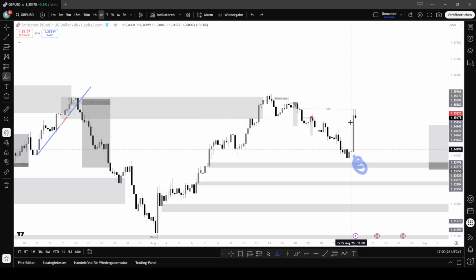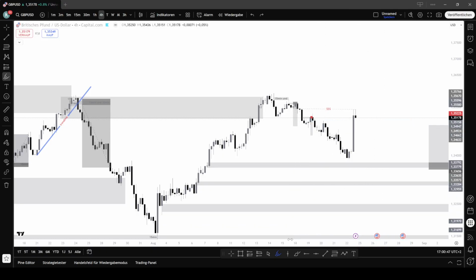But unfortunately, there was a Fed, there was a Powell federal news on Friday. So price reacted from this zone directly without giving us the opportunity to get into the market. But our bias, our direction was bullish because I was expecting price to take the liquidity to this level.